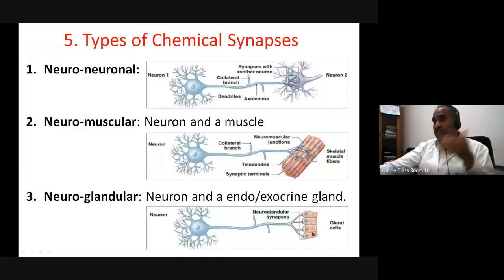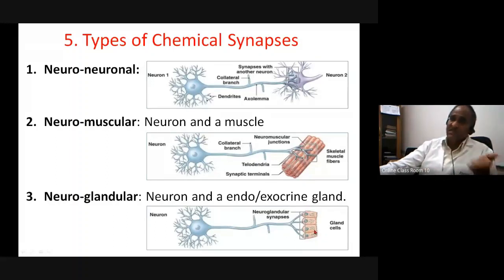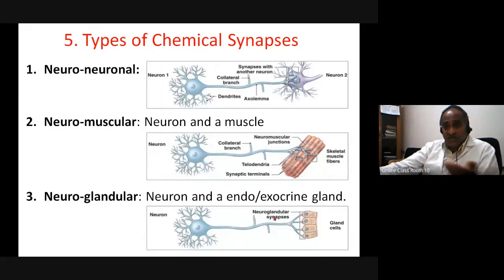These gland cells will be activated. Maybe salivary, maybe parietal cells of the stomach, or maybe exocrine glandular structure of the pancreas by the vagus. So this is a neuron to gland, neuron to muscle, and neuron to neuron. So that means neuronal, neuromuscular, neuroglandular.